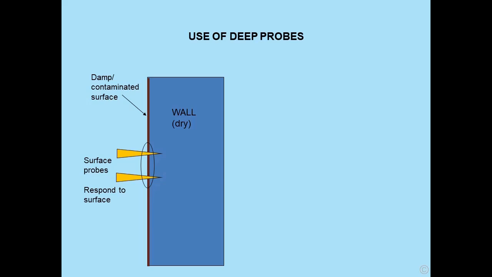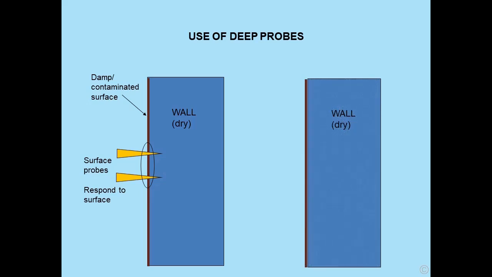If we use steel pin probes, then clearly we're going to get a response because they respond to the surface. So what we can do, we can drill a hole through into the wall and place our insulated probes in there where they will not prove to be a problem because the insulation protects them from the potentially damp contaminated surface.